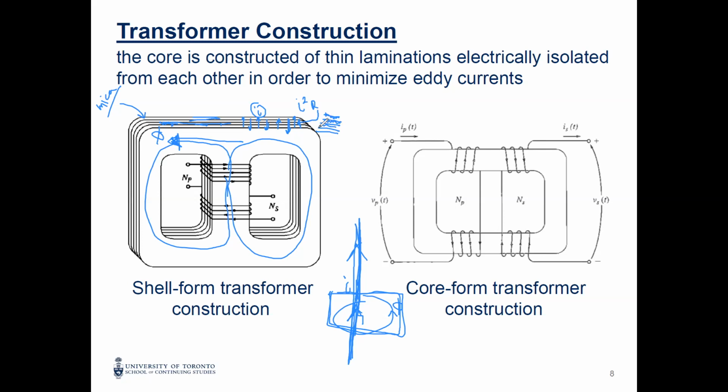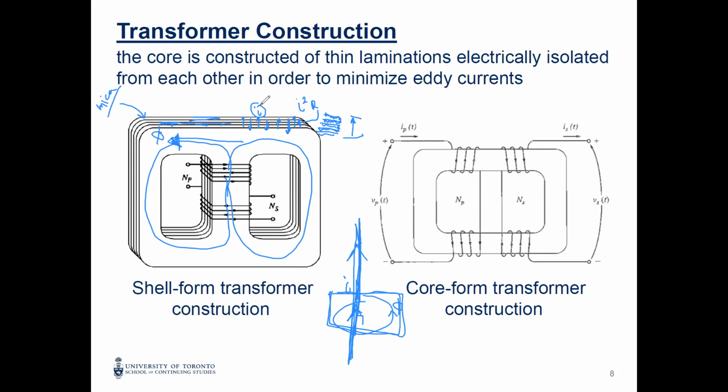So the current will be very small, right? It will not see a bulk of metal flowing from one point to another point. It will see very small sheets or laminations.